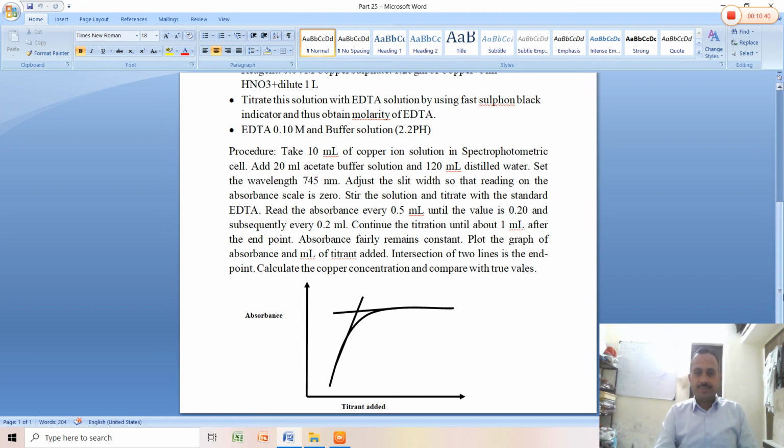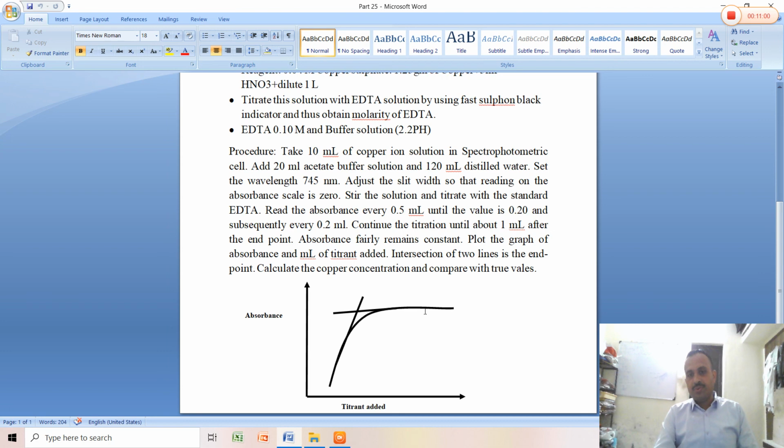Now here, absorbance versus titrant added, this graph is plotted. This shows the increase in absorbance with the addition of ml of titrant. Now at this point, after this point, the absorbance remains constant.